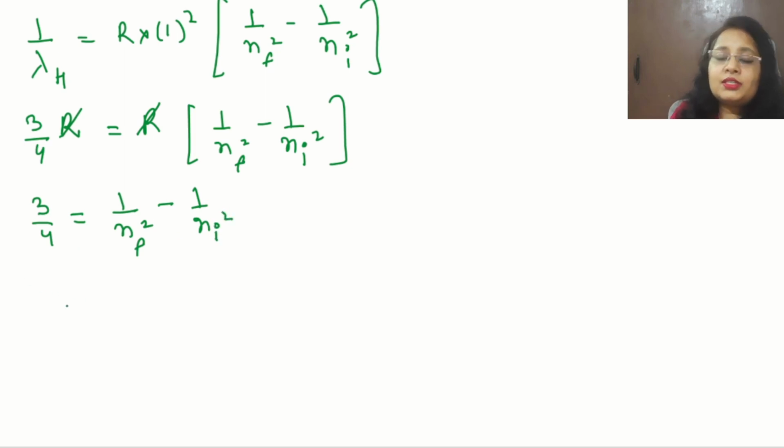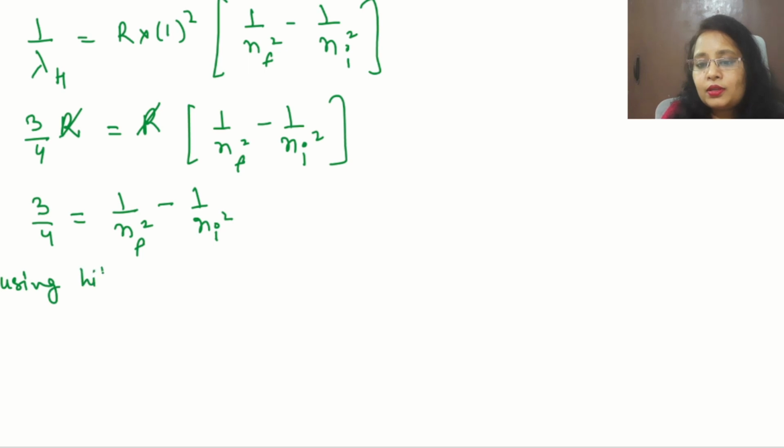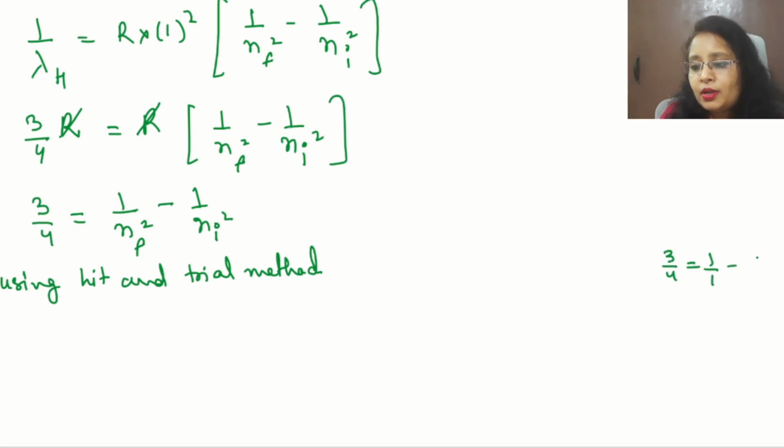After reaching this stage, we need to use the hit and trial method to get the values. We can assume that to reach 3 by 4, it should be 1 by 1 minus 1 by 4. If we subtract 1 by 4 from 1, we'll get 3 by 4 easily. So we write 3 by 4 as 1 upon 1 minus 1 upon 4.